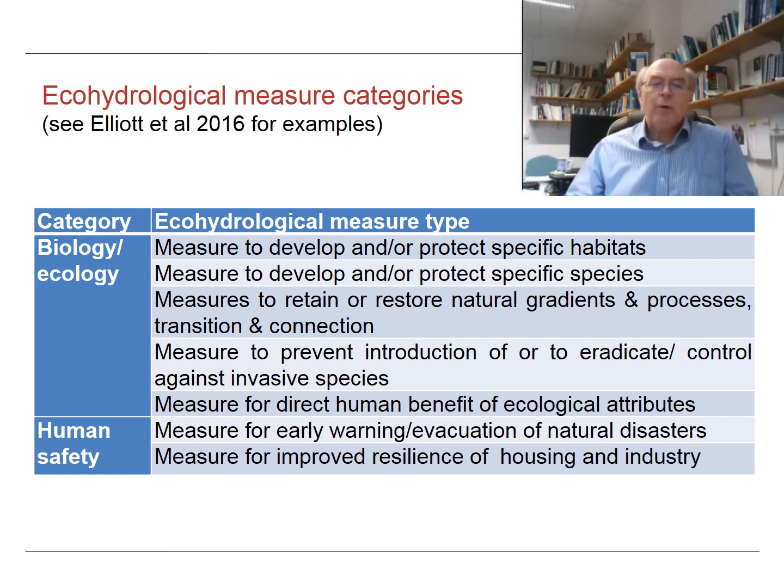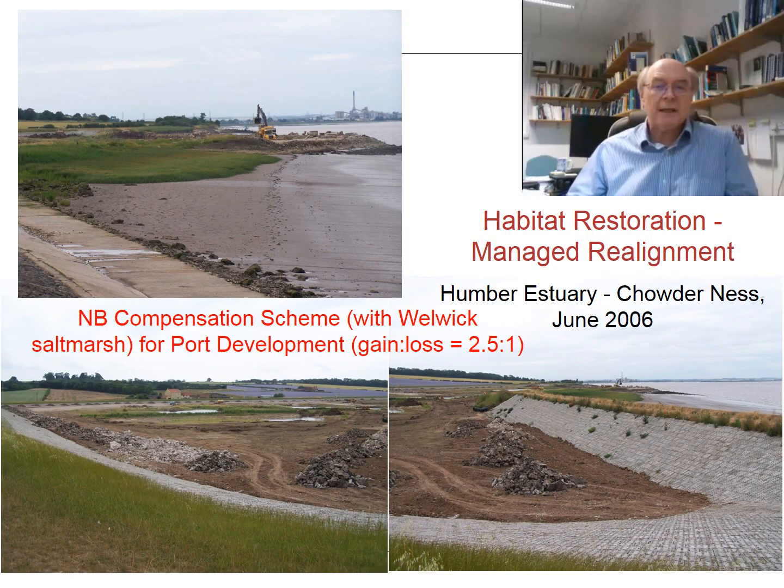And then finally, we've got measures for human safety, to ensure that areas are not getting flooded, that livelihoods are not at risk, that erosion is not creating problems for habitats and so on, to increase the resilience of systems. And of course, this is quite important now with sea level rise and other coastal hazards.